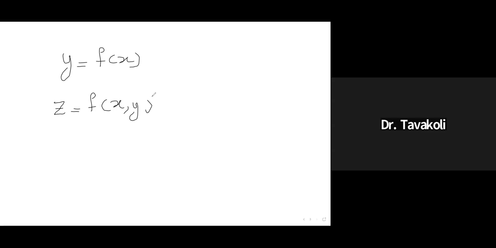Of course, if we have three variables, then I have a function in terms of three independent variables, x, y, z, and I can give a name here like w, or just keep it as f of x, y, and z, and usually it's given by an expression containing x, y, and z. So this is a function of one variable.